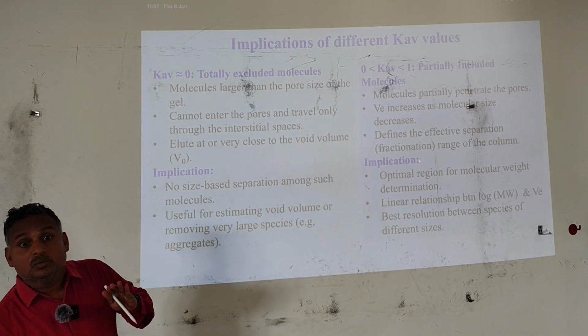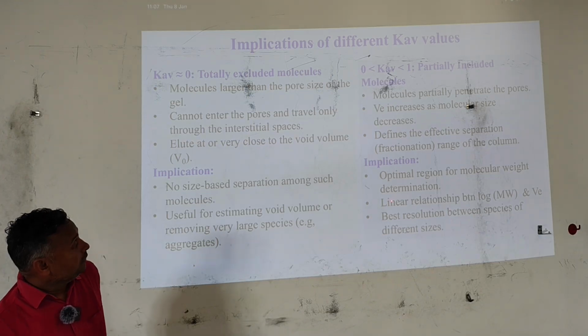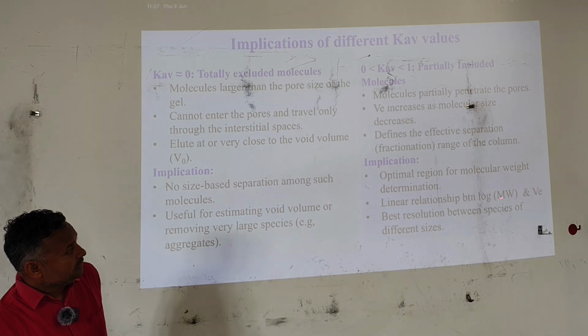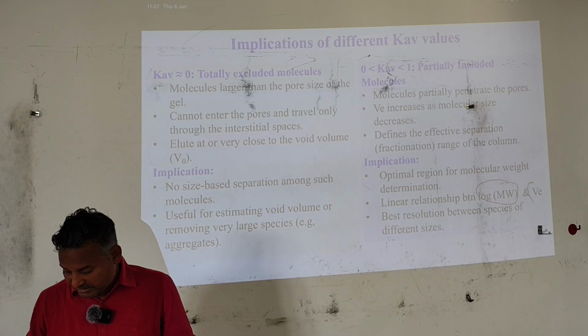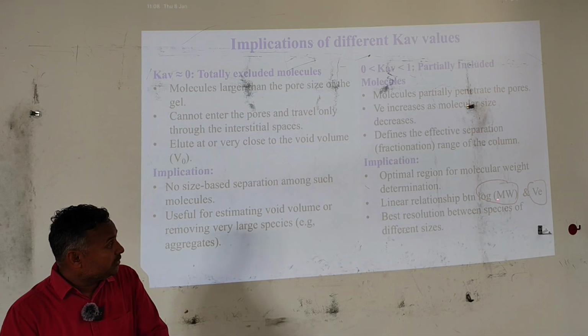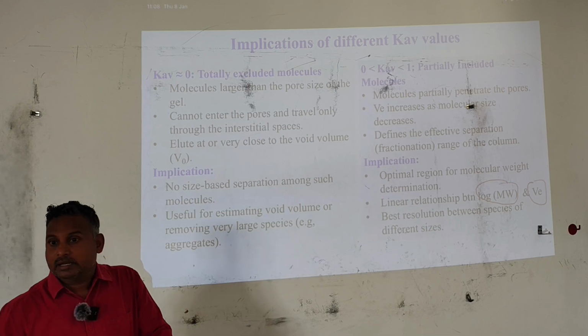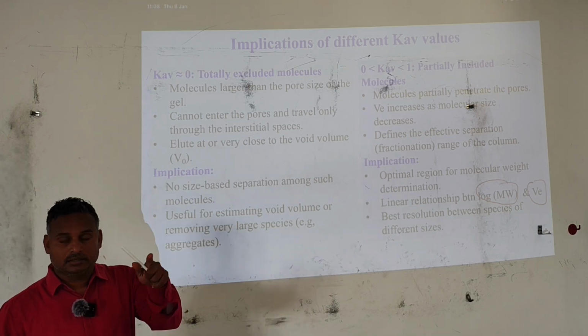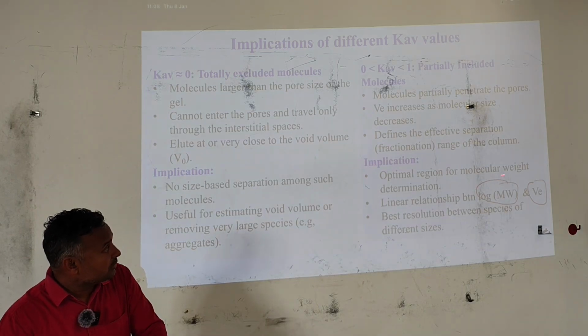Now, we have an application for molecular weight determination. I will show you. There is a linear relationship between this one and this one. This is very important. It is like a calibration curve. The logarithm of molecular weight on the y-axis and elution volume VE on the x-axis will give us a calibration curve, and from that we can determine molecular weight.